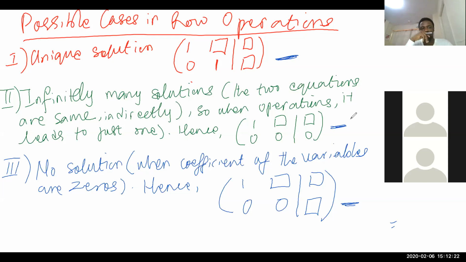You might want to rearrange it if you want. Quick thing to remember, but you don't have to remember with the number of zeros. I'd rather you remember with the conditions. Any questions, please? This is it.